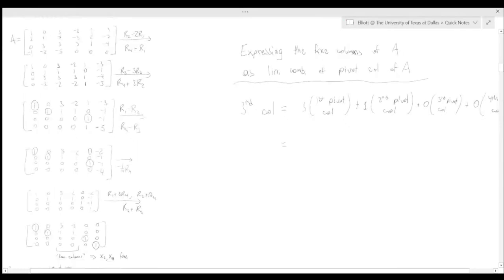And here, if you look at the original matrix to try to confirm this, the third column of the original matrix A was 3, 7, 3, negative 5. The first pivot column would be the first column. The second pivot column ended up being the second column because that's where the second pivot was.